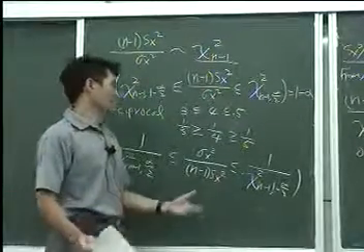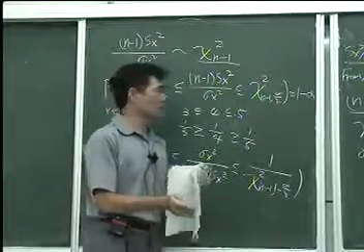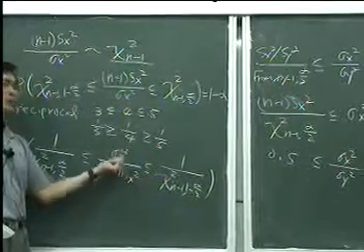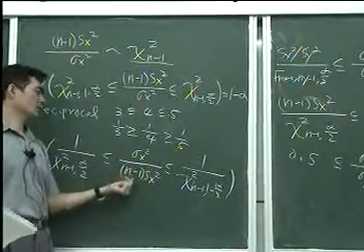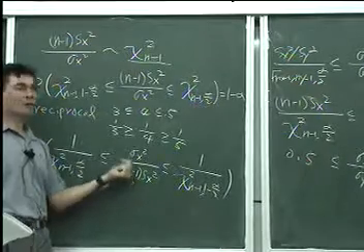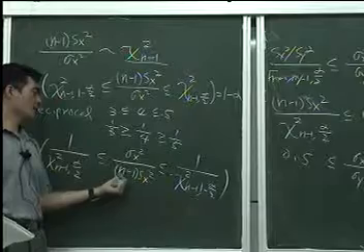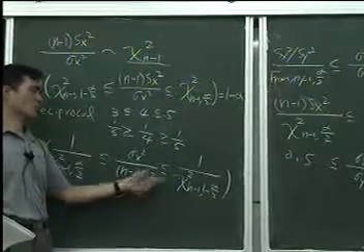And then it is easy, because we want to get the denominator to be equal to 1. If you want the denominator to be equal to 1, you have to multiply by (m-1)S_x^2 on all sides.